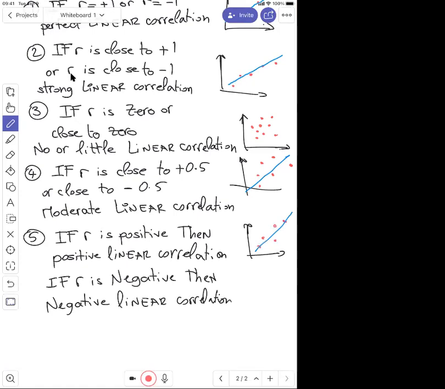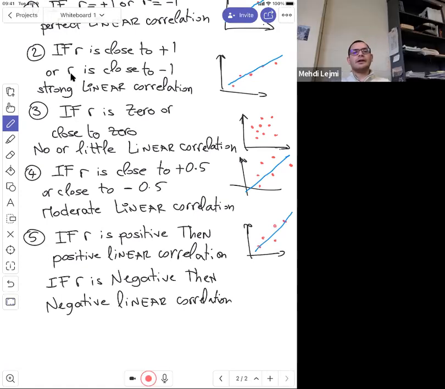Professor, if R is negative, then we still calculate R? Yes, you're going to calculate R in any case.